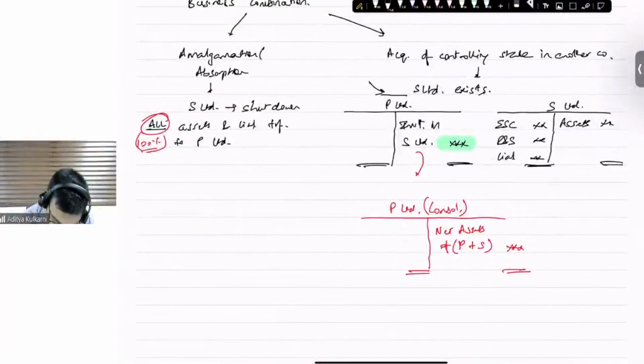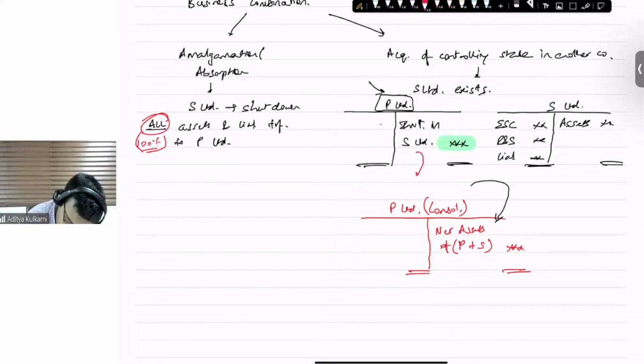In standalone of P, there is only one item which appears, that is investment in S Limited. When I move to present consolidated financials, the investment in S will vanish. It will be represented by net assets of P.